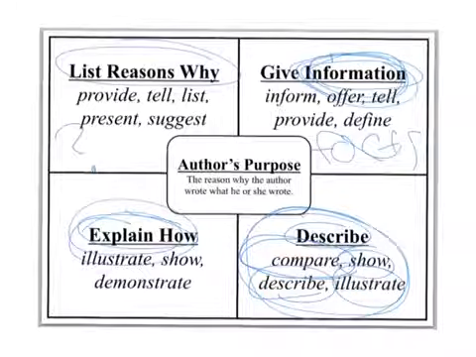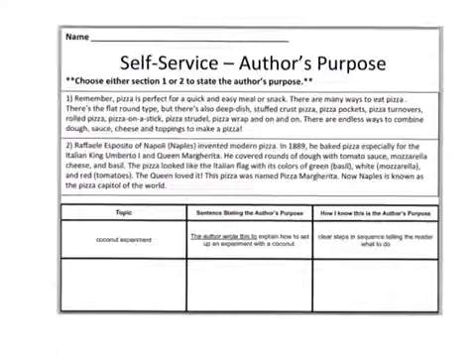So now what I want you to do is you're going to do your own practice on your own. So make sure you have this paper with you. You have 2 new scenarios here. These are not from the cards that you worked on yesterday. They're different. I want you to choose either section 1 or 2.